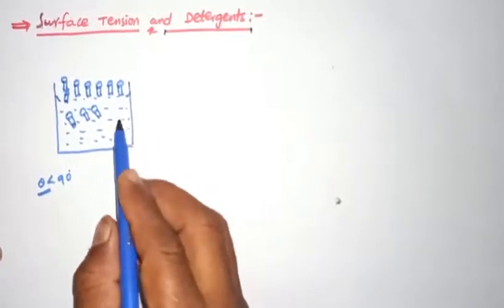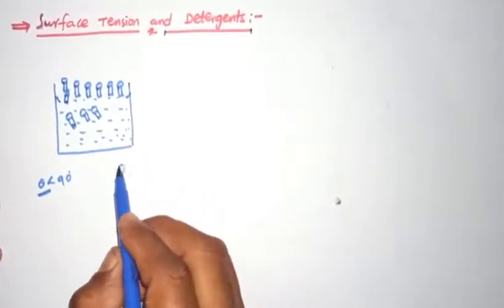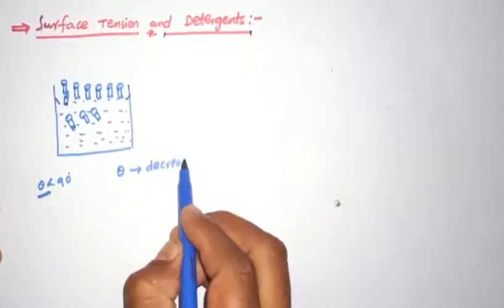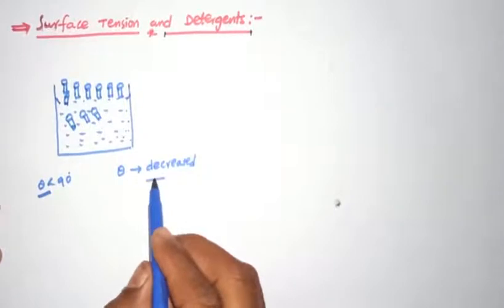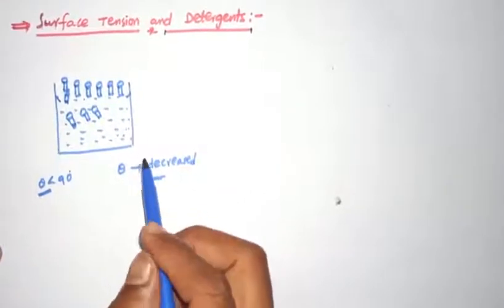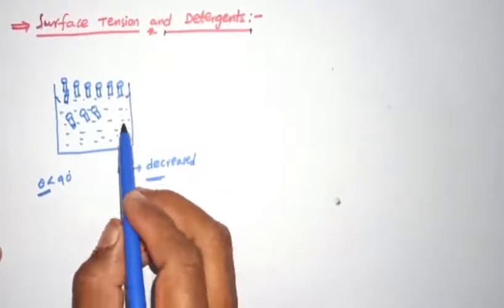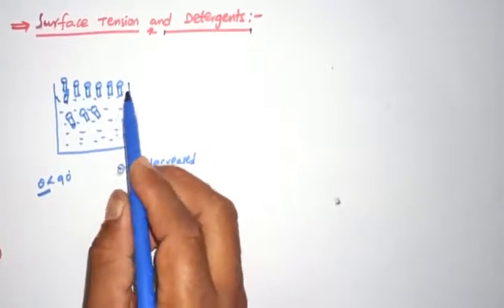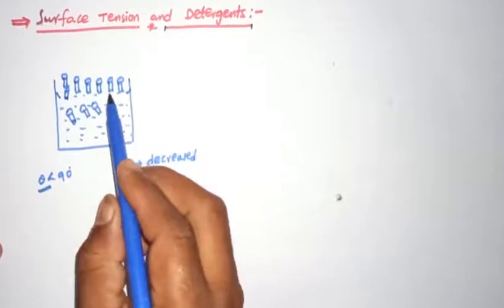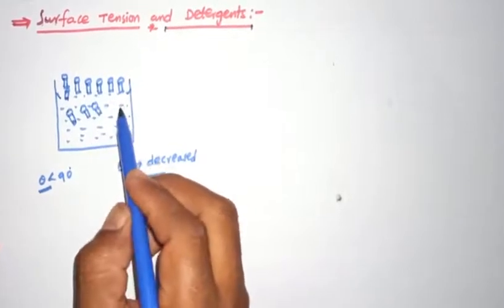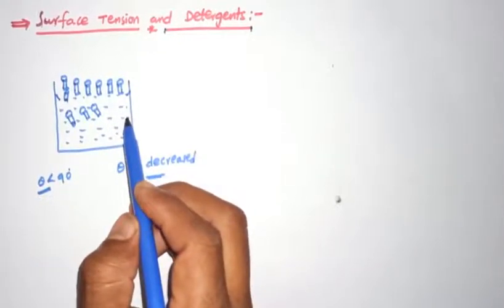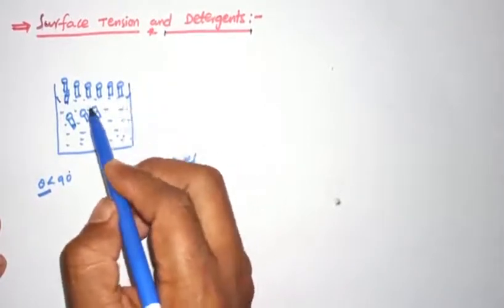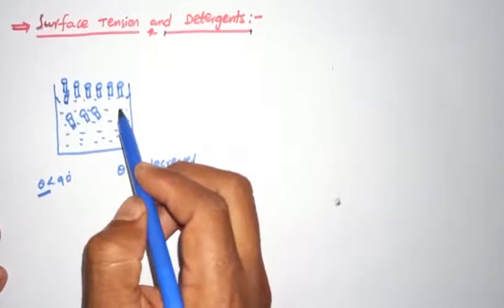After adding, the angle of contact is decreased, and water can easily form a grease and water interface. Then we can soak the clothes.